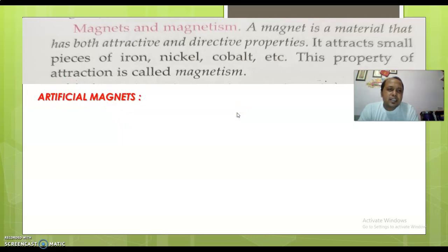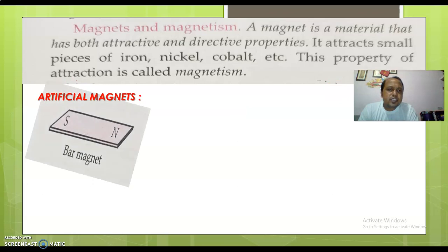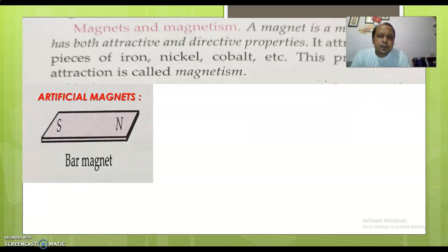Now there are some artificial magnets that we are going to discuss here. First is the bar magnet. The bar magnet is made of steel, and a process is done in which it develops two separate poles. One is the south pole, another is the north pole, and it is a kind of artificial magnet in the shape of a bar, where one end has a north pole and the other end has a south pole.